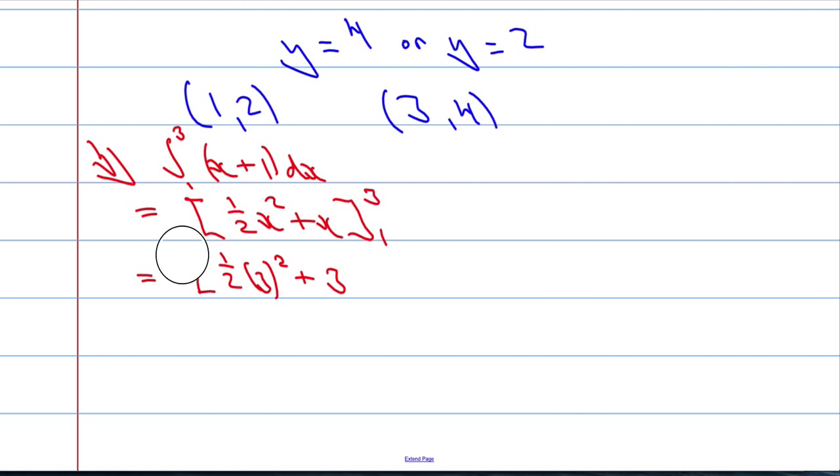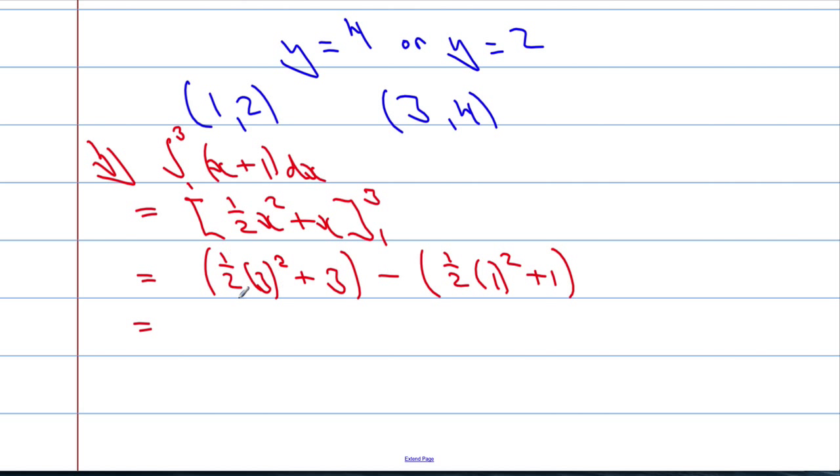I'm using the wrong brackets here. Let's put them back to where they should be. Right. And I need to subtract from that the lower limit. So substituting this into the integral, a half times 1 squared plus 1.